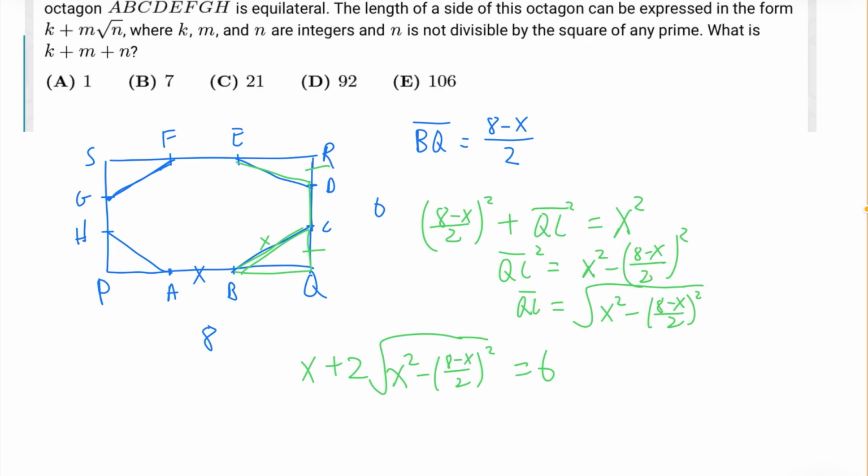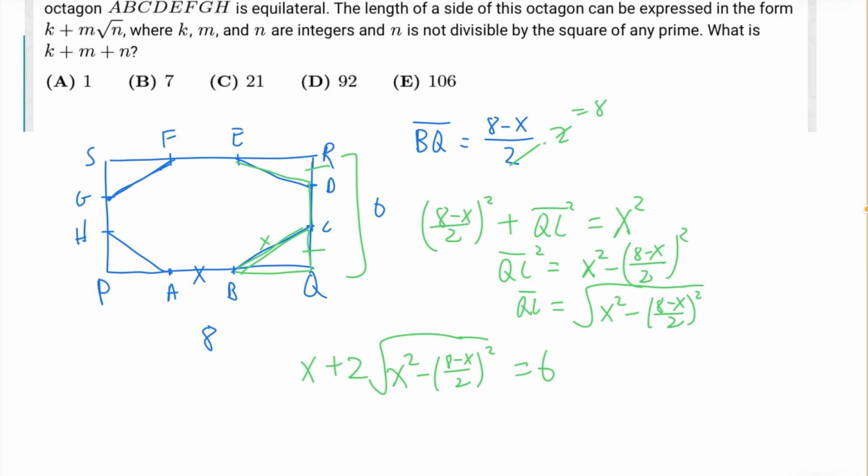The reason I didn't use the original one involving BQ is that if you multiply BQ by 2 and add x and set that equal to 8, it all just cancels out, and x is just going to equal 0. So that's why I chose this side to represent the equation. Now we can actually get a real answer, because we're setting that equal to 6, and we have a more complex equation here.